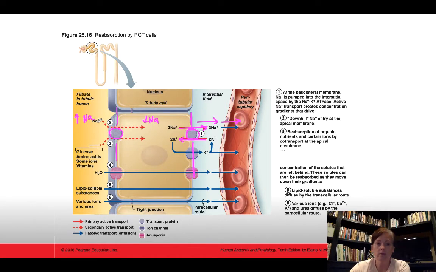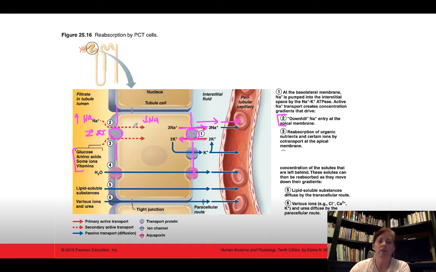So sodium is going to enter the cell down its concentration gradient. Here's our downhill sodium entry at the apical membrane. And here's an example of secondary active transport, where sodium is able to pair with another substance and pull that second substance in with it.